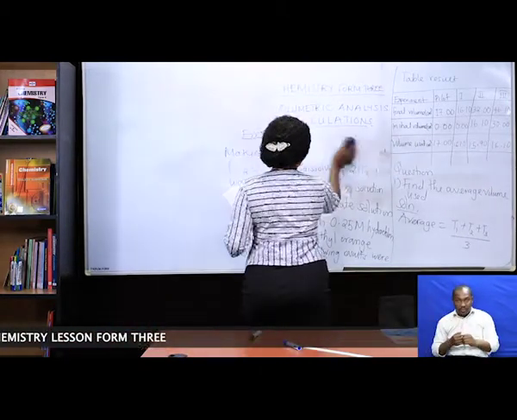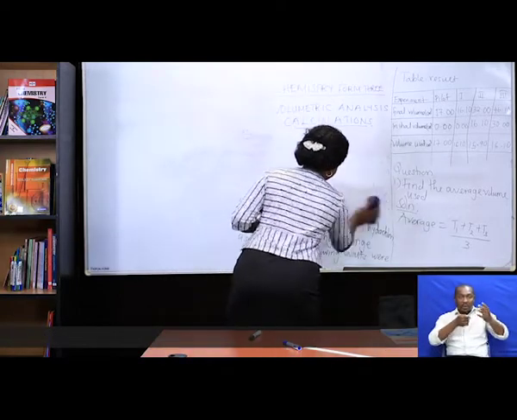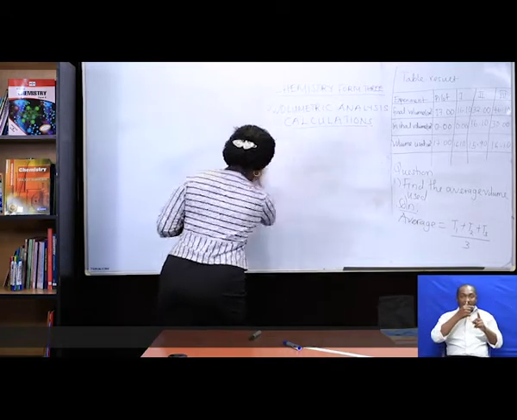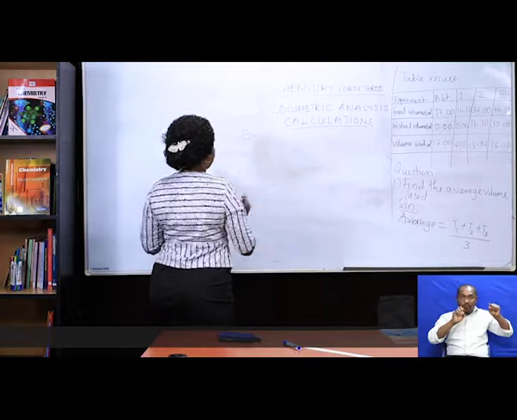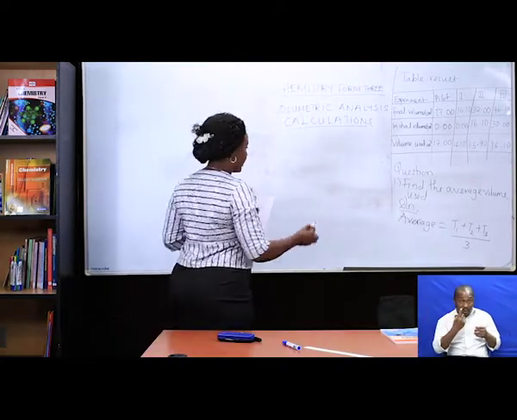Then let's take the data from our table. What is the volume for experiment 1, for experiment 2, for experiment 3? You may even take a piece of paper and try to calculate.